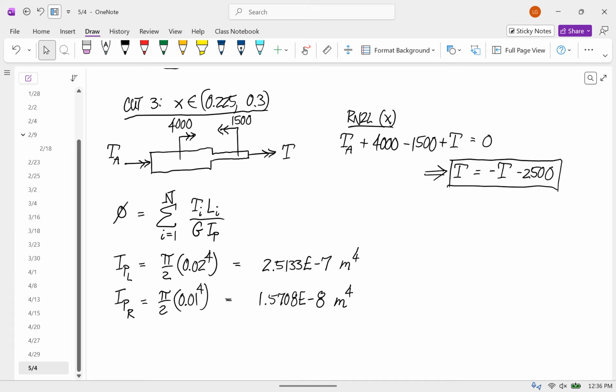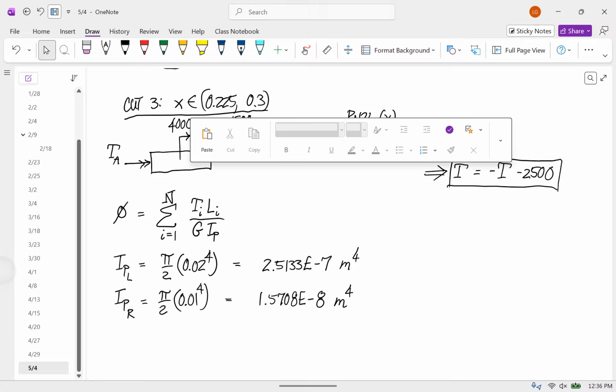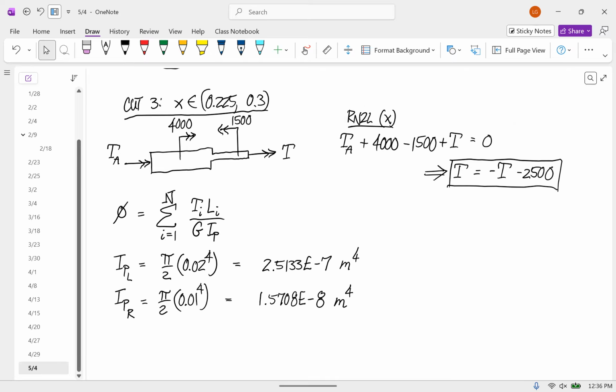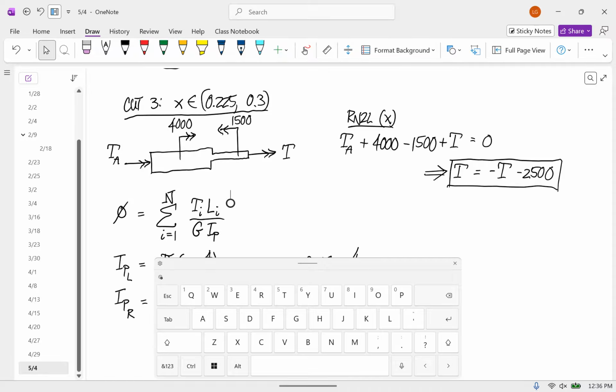Our second piece is going to go from the 4,000 to where the area decreases. Our third piece is going to go from where the area decreases to the 1500. And our fourth piece is going to go from the 1500 to the right end. Anybody have any questions about why that is? You follow me on that?